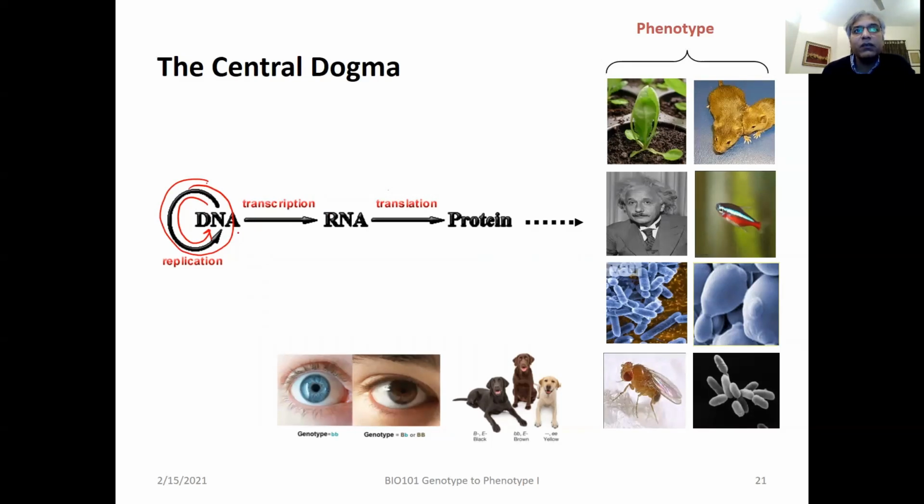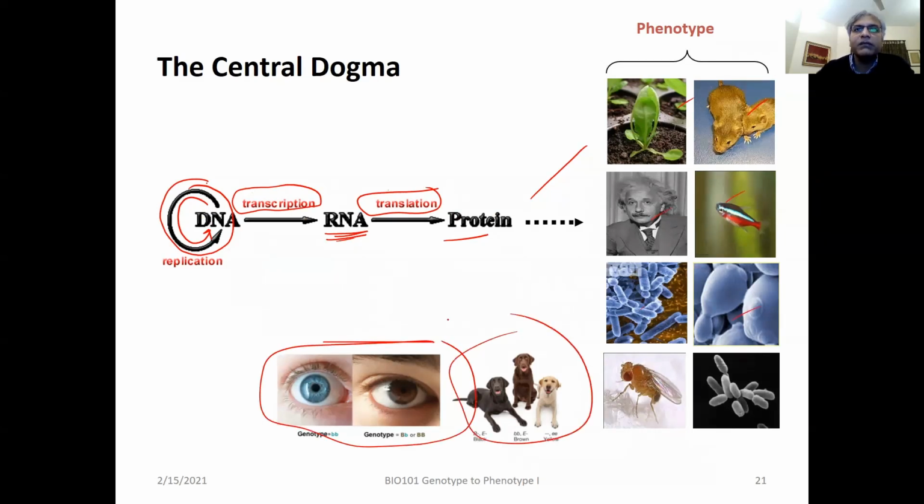That process, decoding of DNA into a molecule called RNA, is called transcription. RNA is decoded into protein, which is called translation. Each living organism has its own unique genome and proteome, and then we grow as plants, mouse, fish, Einstein, and so on. And variation within the genome also encodes different traits.